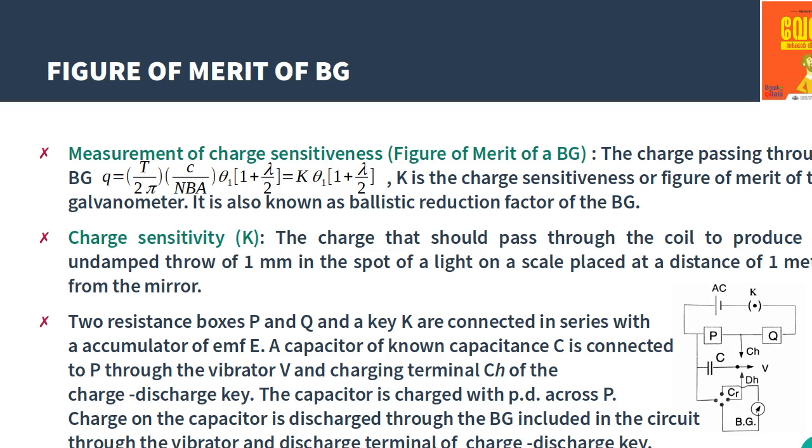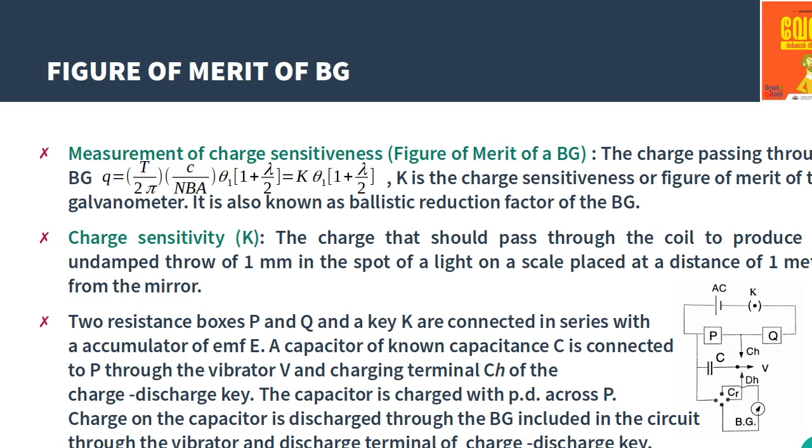Okay. Now we will go to the important part, the figure of merit of BG. The measurement of charge sensitiveness. This charge sensitiveness is known as the figure of merit of BG. So we measured the charge that is passing through the BG, that is Q, and we got the equation as T by 2 pi, C by NBA, theta 1 into 1 plus lambda by 2, because we are measuring theta 1 in the BG.